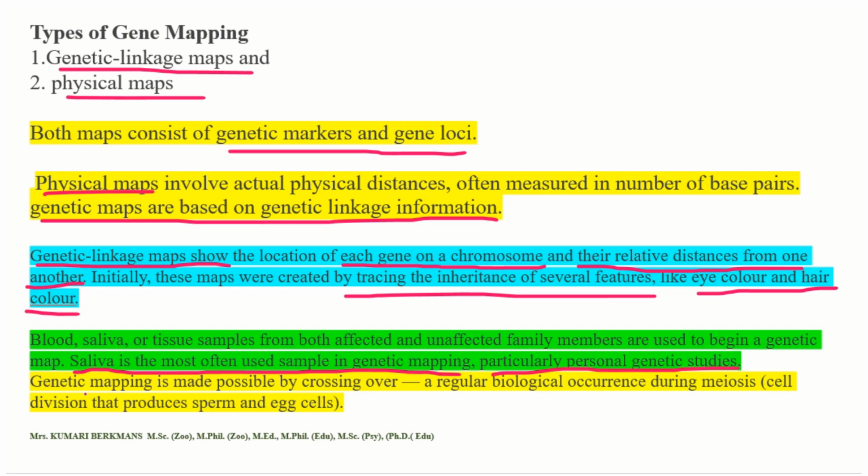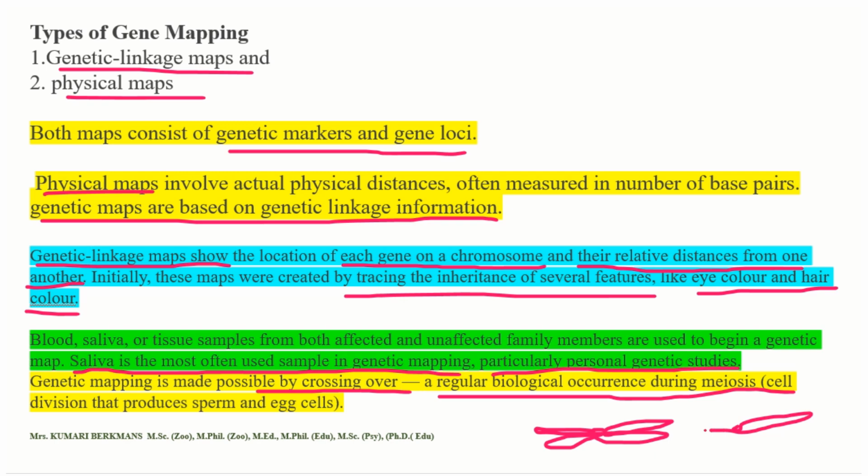Genetic mapping is made possible by crossing over, a regular biological occurrence during meiosis. You know what crossing over is? During cell division, the chromosome splits into two chromatids, joined at the center by the centromere. Another chromosome is also divided into two chromatids, joined at the center.